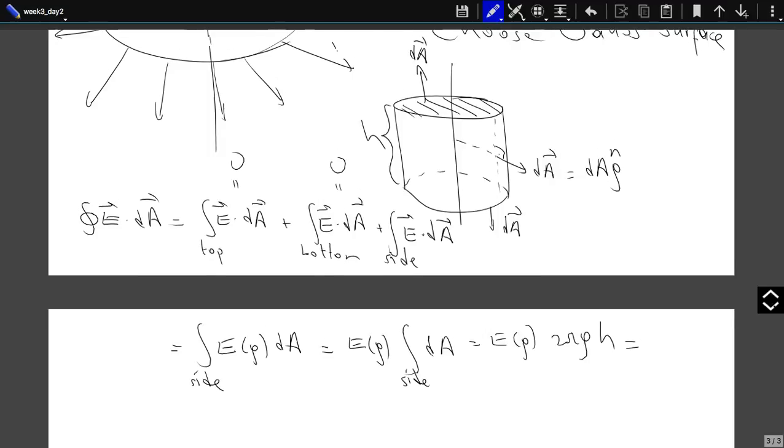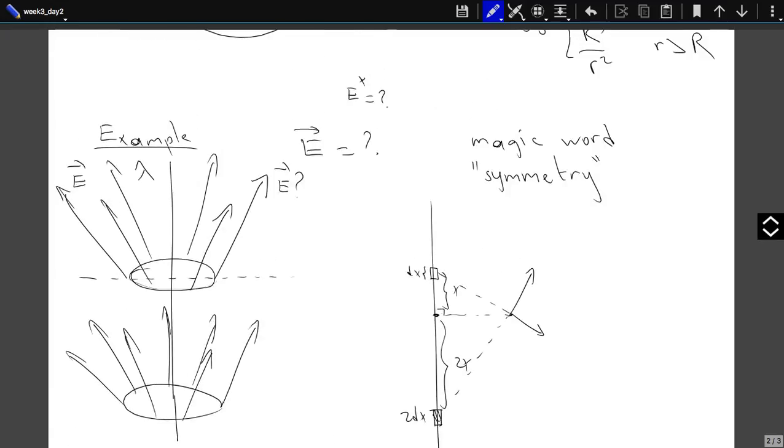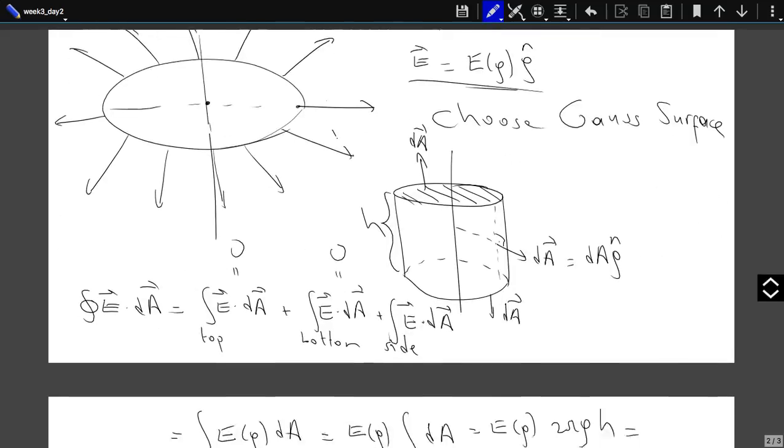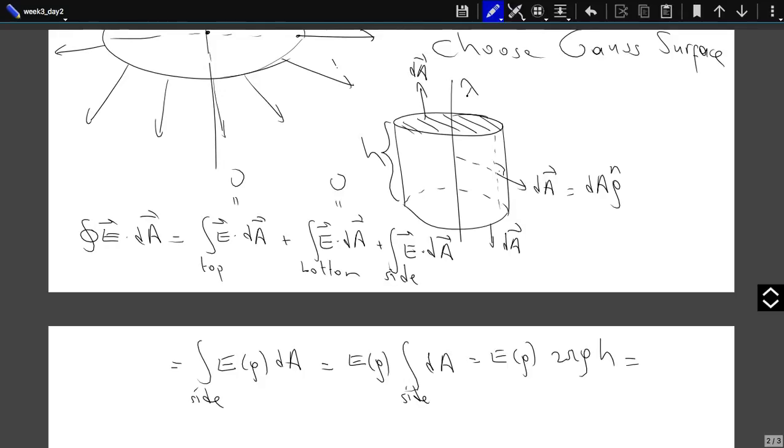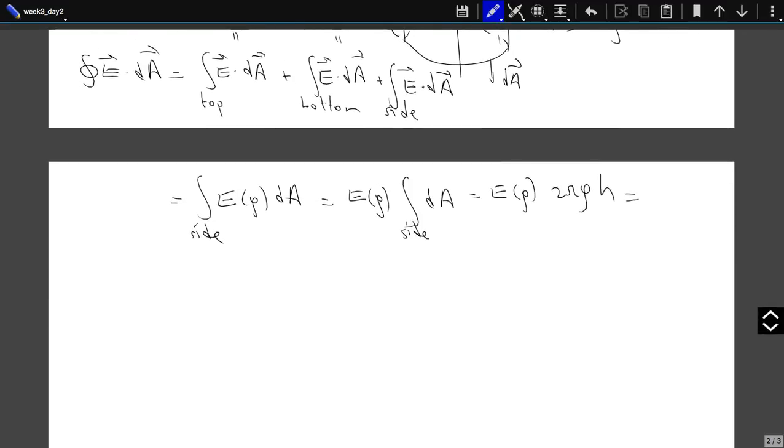Remember, we had said that the charge density of the wire is lambda. So lambda is linear charge density, lambda is just the charge per unit length. We have a height h of the wire inside our cylinder, so the total charge will be lambda times h.